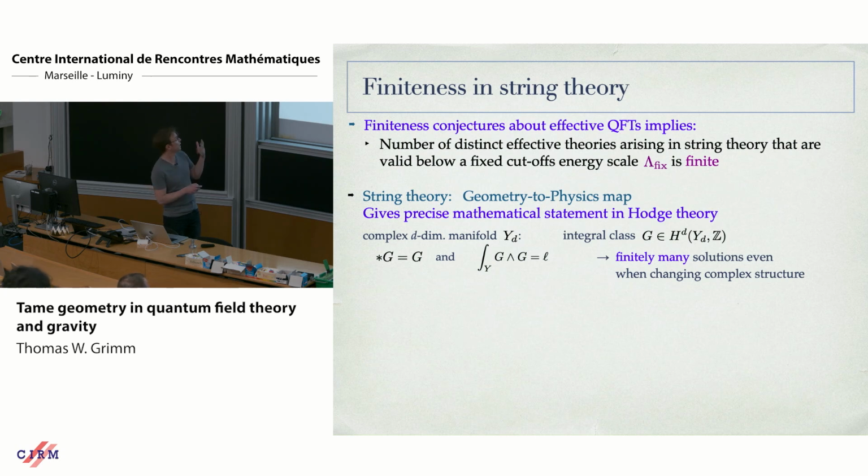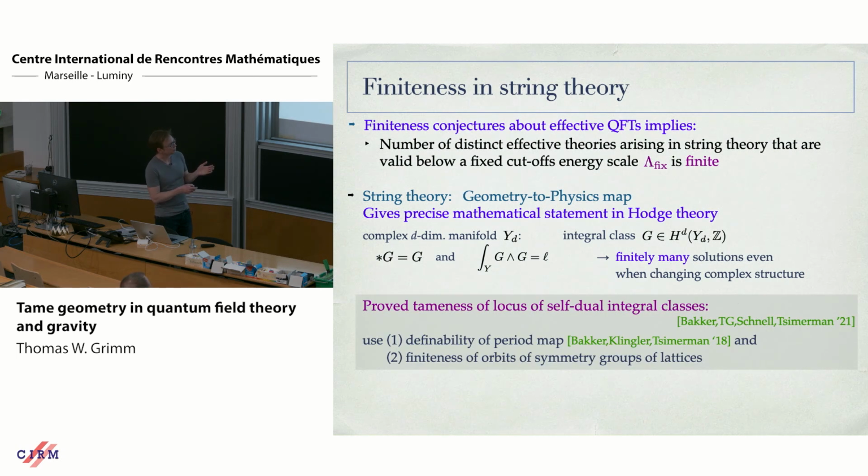So there should be finitely many solutions to this equation, even when you change the complex structure. Okay? That's a statement you can write down. You can tell this to someone working on Hodge theory, and you can ask, is this known? And the answer was no. Okay?